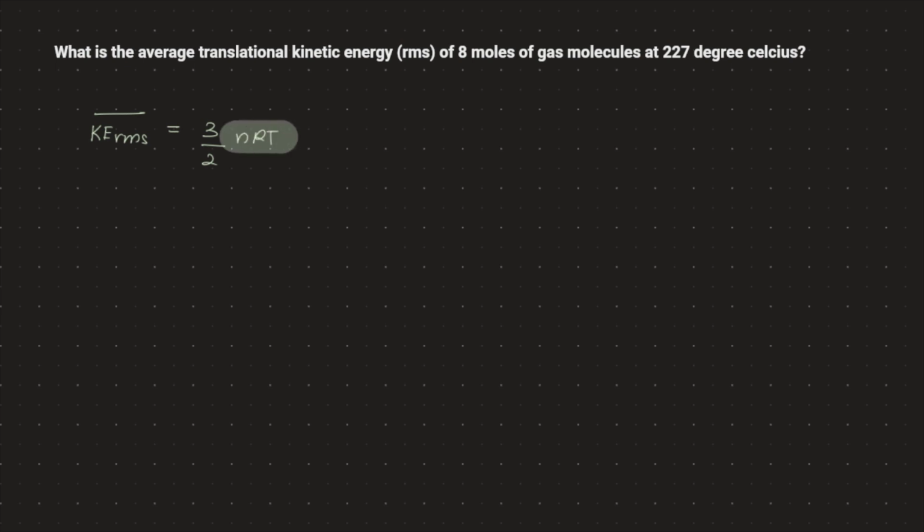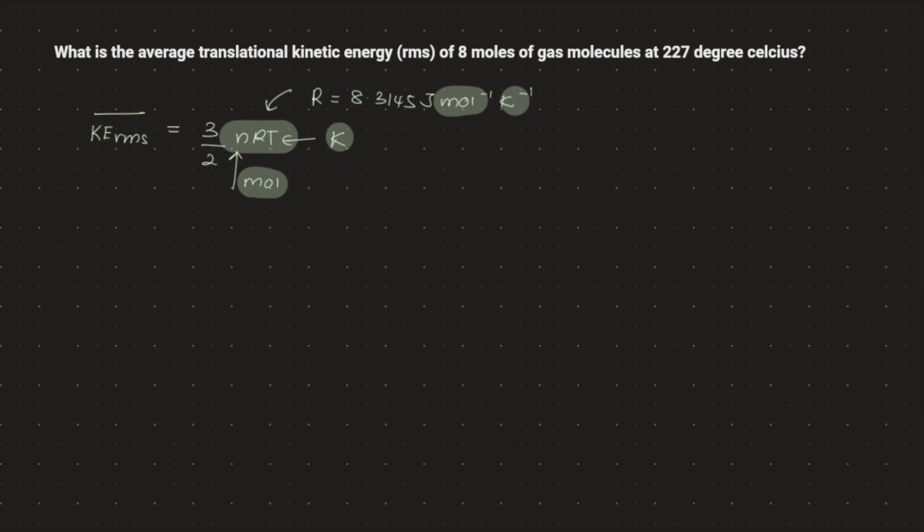If you can see, this nRT is actually from the ideal gas law. So your R should be equivalent to 8.3145 joule per mole per Kelvin. Therefore, here your n should be in mole and your T should always be in Kelvin, so that it matches your gas constant.